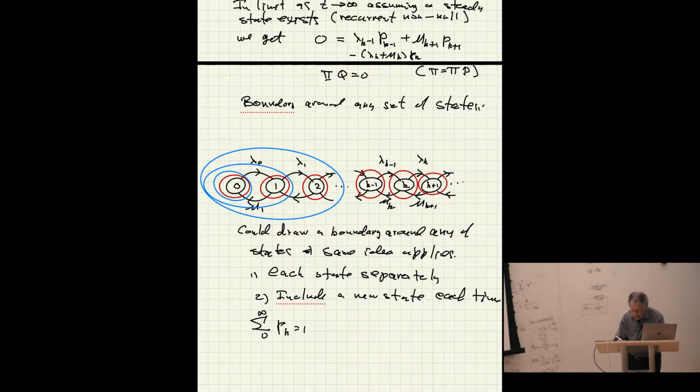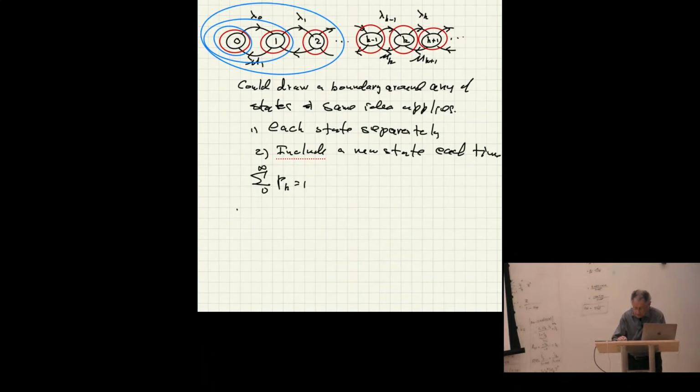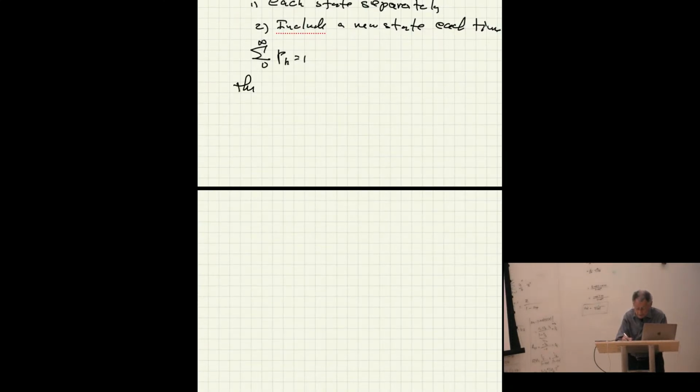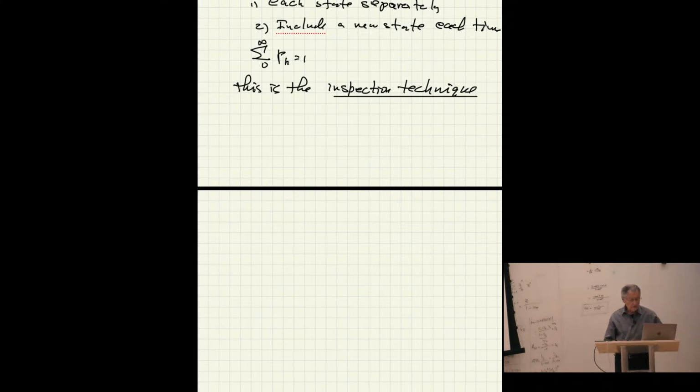Now, what I've just described, this is what we call the inspection technique. And it is as simple as inspection. And it gets you to the differential difference equations very simply. Now, this is good for any Markov process in general.